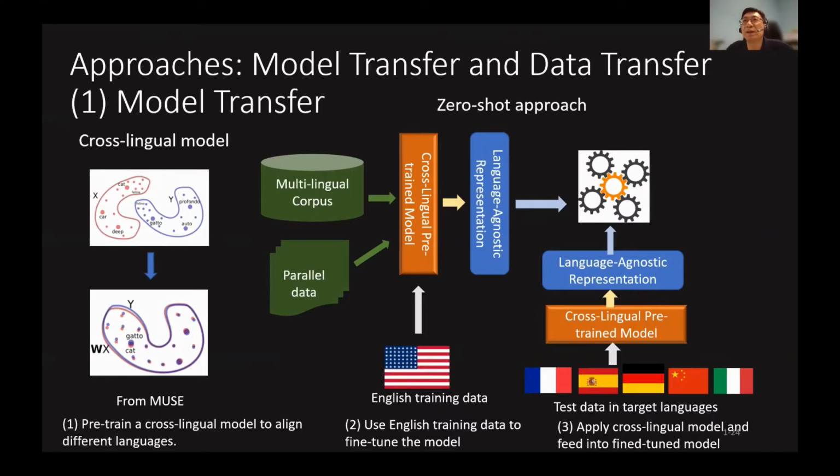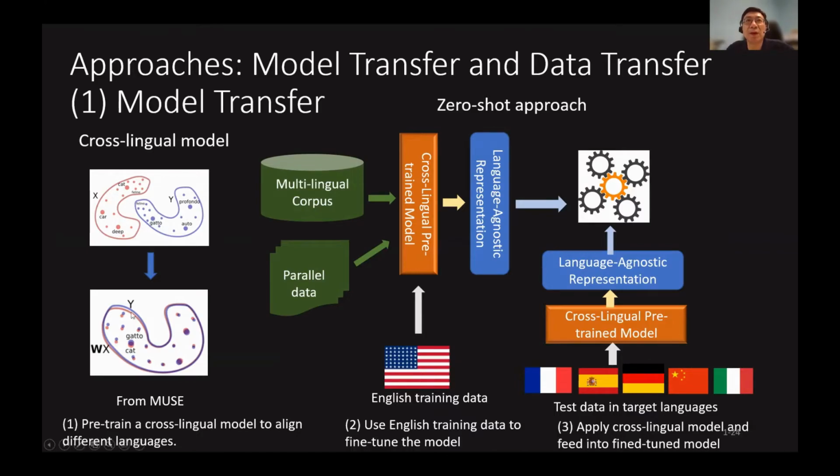We can see that they are independently distributed and there is no relation between the words in different languages. And the lower figure shows the effect after alignment. The similar words in two languages, such as gatto in Italian and cat in English, which have the same meaning, are mapped close to each other in the aligned space.